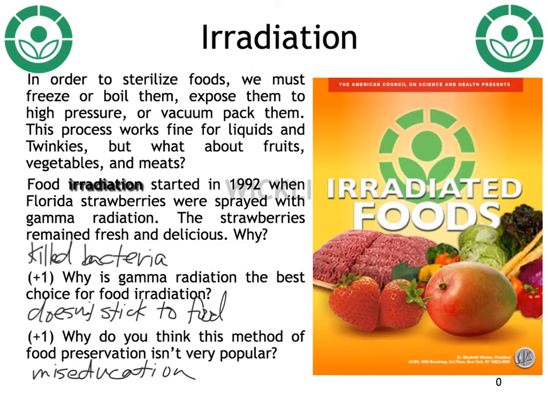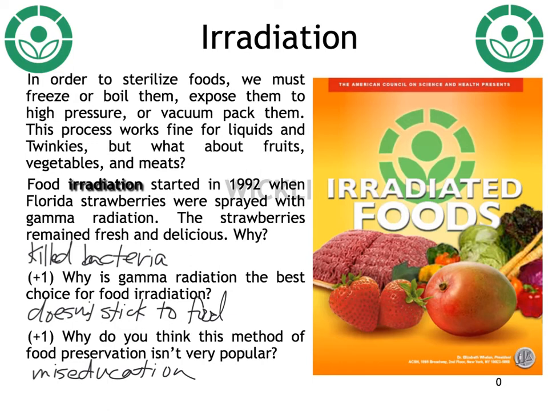So I tossed in some answers to my questions. The first thing is that the strawberries in this example are going to remain fresh and delicious because the bacteria were killed by the irradiation. Gamma radiation is the best choice for food irradiation because it's pure energy and therefore it will not stick to food.